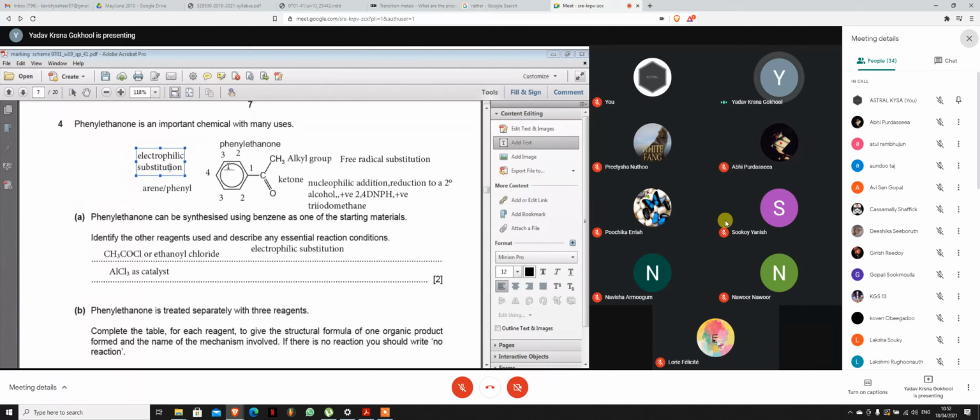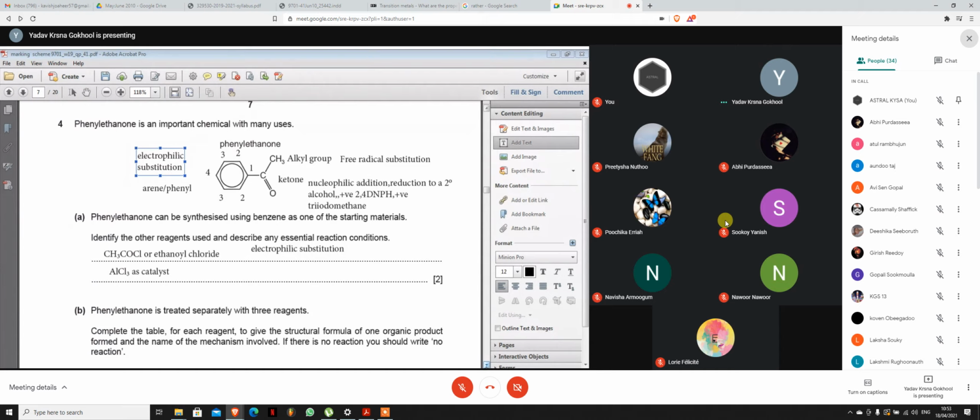You also have CHO, which is the aldehyde, and COR or CHO, they orient the nucleophile. Sorry, not the nucleophile, the electrophile. Okay, they orient the electrophile into position 3. So that's why I have counted now. You can count clockwise 1, 2, 3, 4, or anti-clockwise 1, 2, 3, 4. These two are the same. These two are the same. Okay.